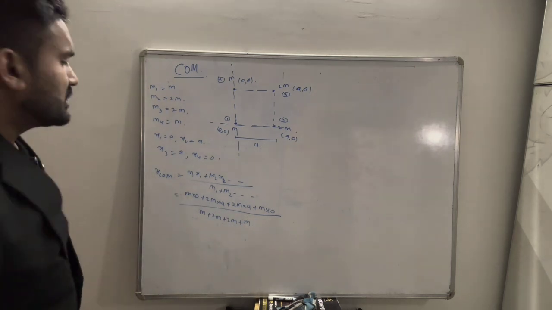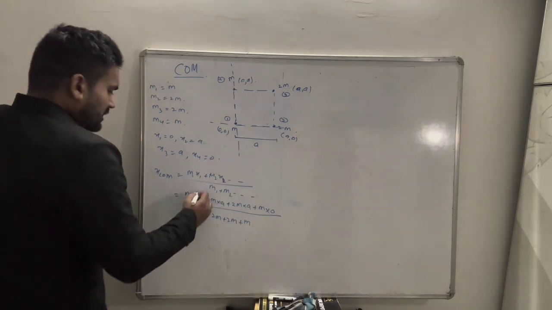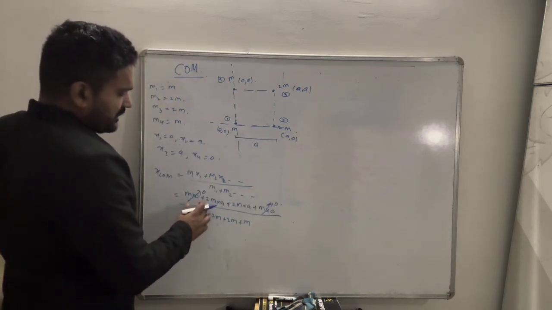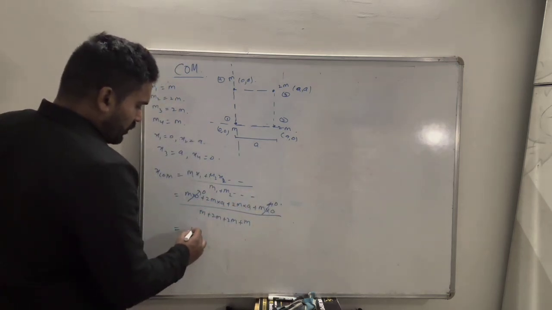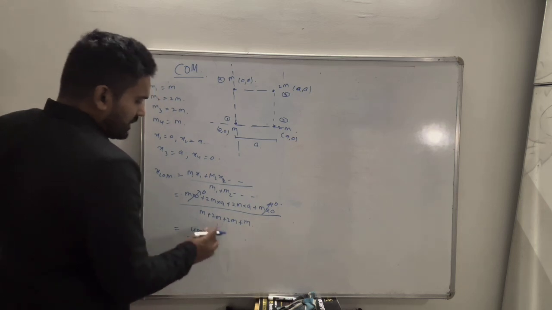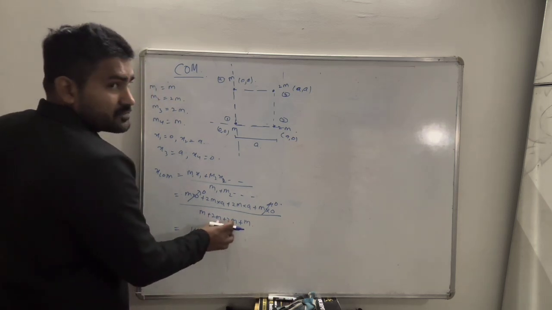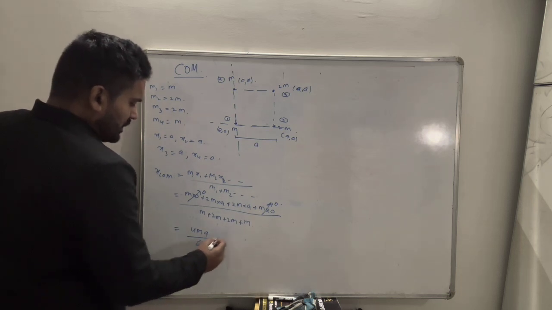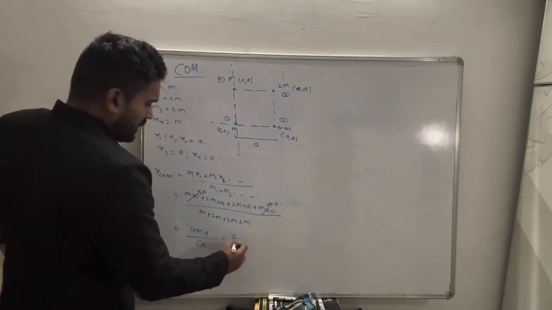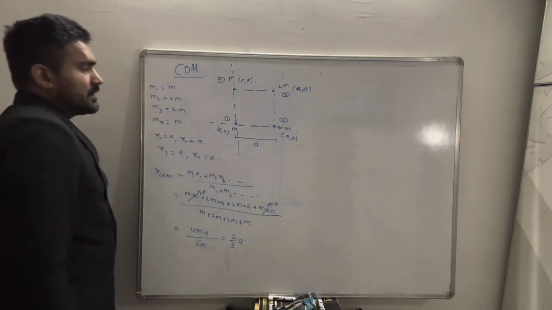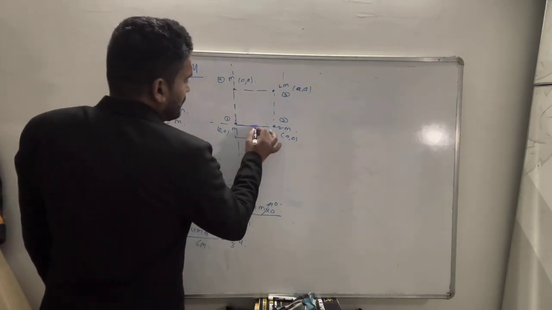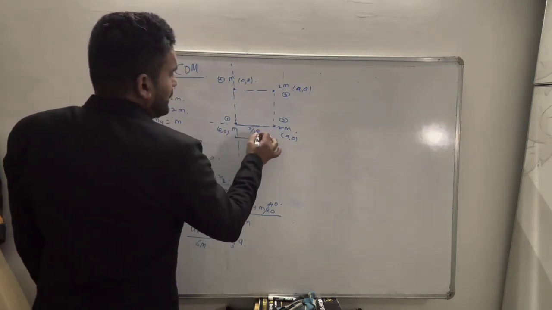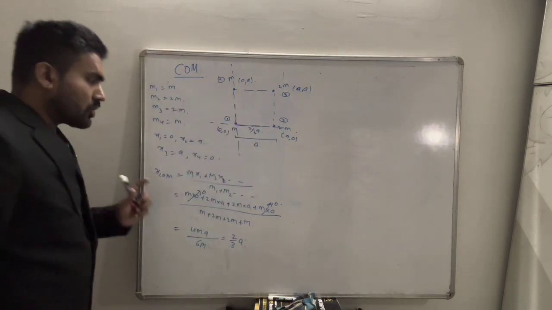I hope you are understanding. So this is 0, this is also 0. So now this is 2m a plus 2m a, that is 4ma, divided by 2m plus 2m, 4m plus m, 6m. So that will be 2 by 3 a, right? So somewhere here, 2 by 3 a. Okay, the x coordinate we got.